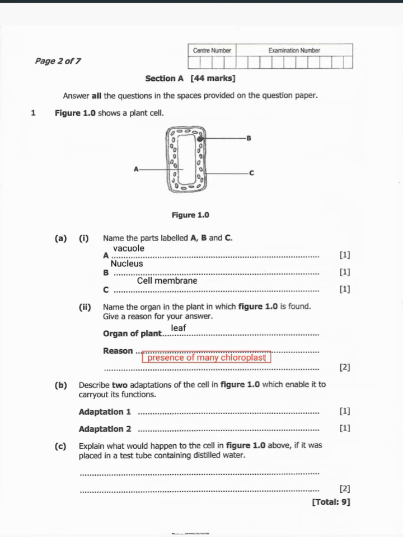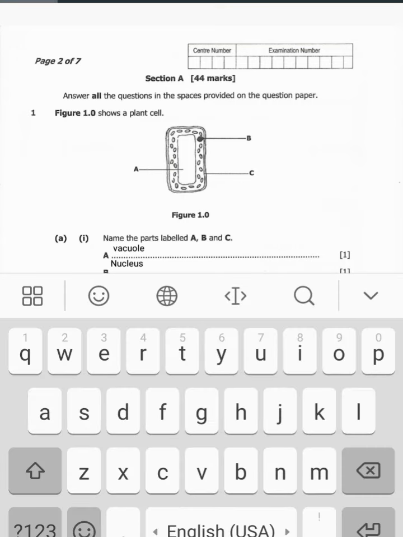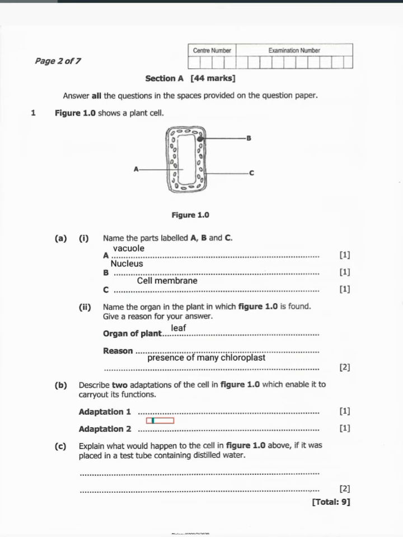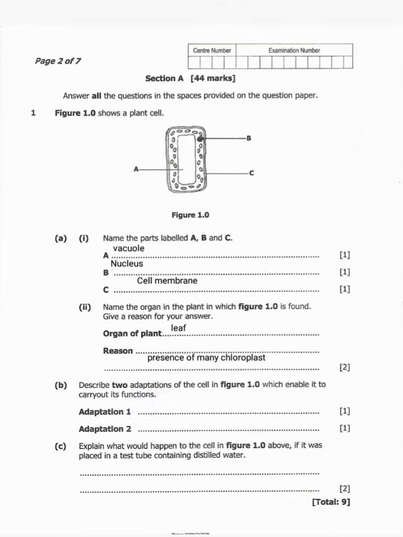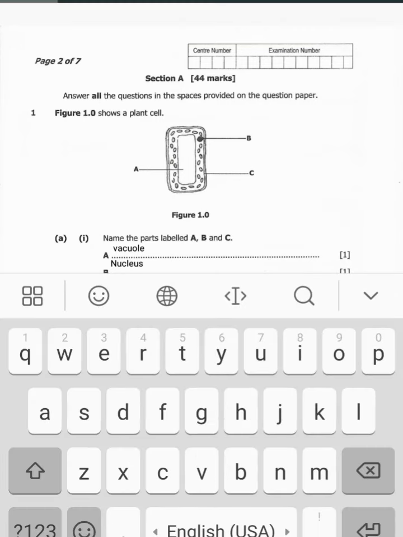Since we've already said this cell's function is to carry out photosynthesis, it is a site for photosynthesis, it must have chloroplasts, as we are seeing. So number one, it has many chloroplasts. That is its adaptation, so that it is able to carry out its function nicely.